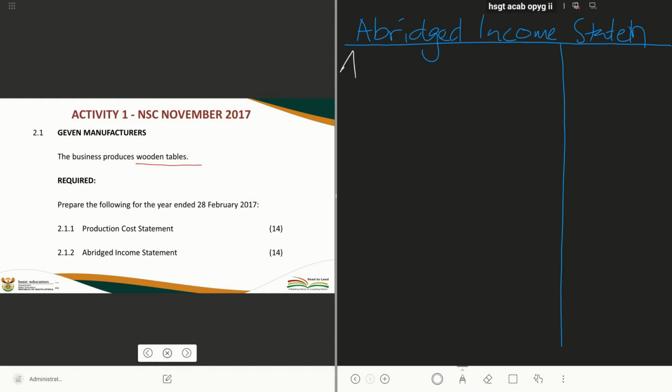You'll have your sales, you less. What do you less? Less your cost of sale. Still remember that one? Okay, then you'll have what? Your gross profit.